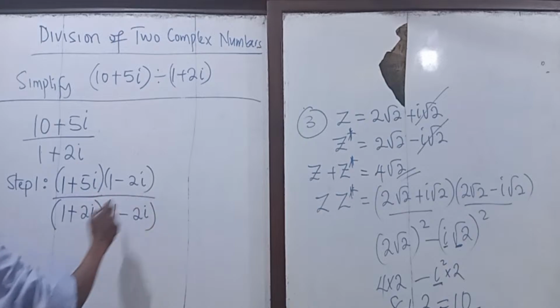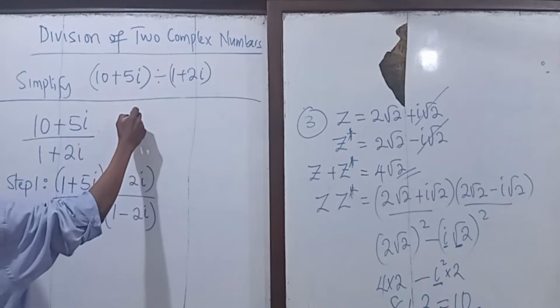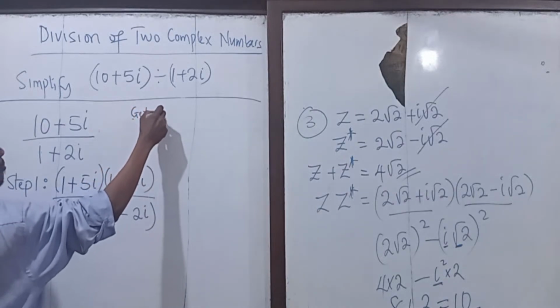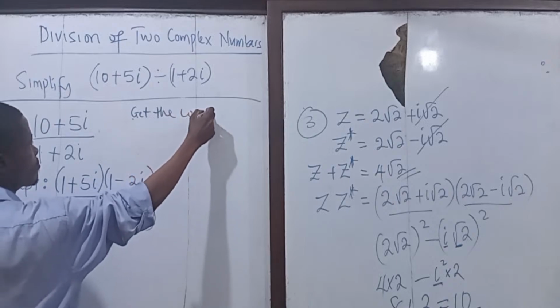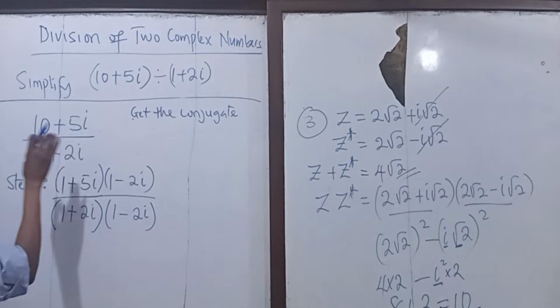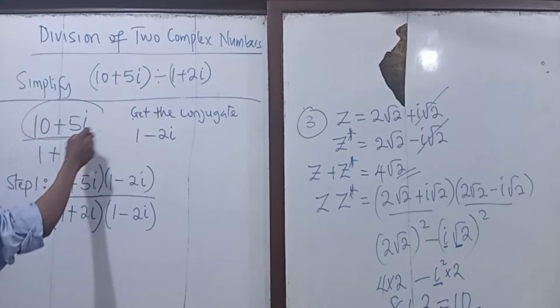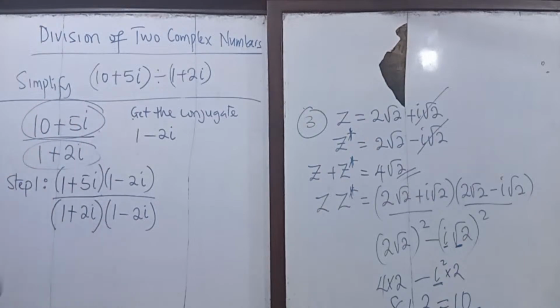It's very simple. Step one, get the conjugates. And the conjugate of the denominator is 1 minus 2i. Get the conjugates, and use the conjugates to multiply the numerator and the denominator. And that's what we have done here.